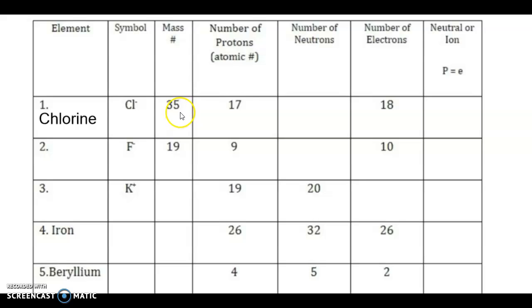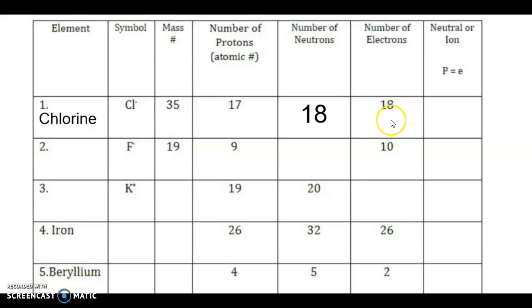So in order for me to end up with a mass of 35, we have to take protons plus neutrons. So to figure out my number of neutrons, we just have to take 17 plus something to get 35. So that would be 18. So we know we have 18 neutrons because 18 plus 17 gives me 35.